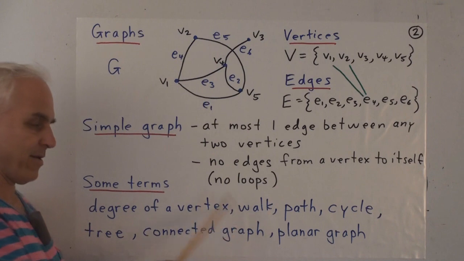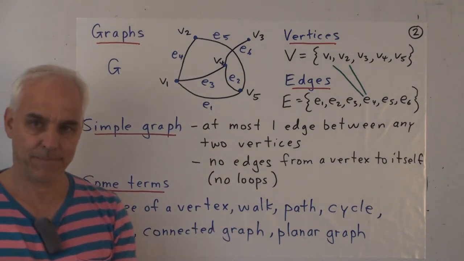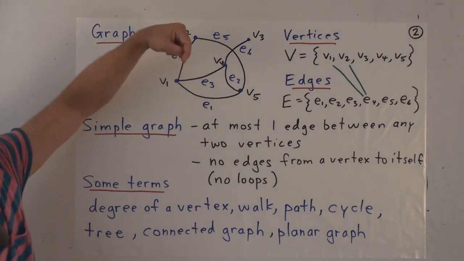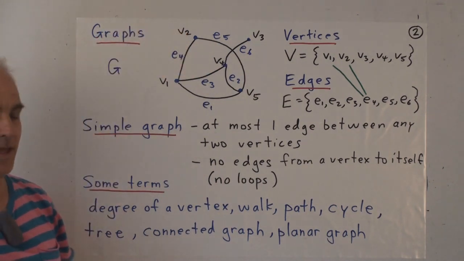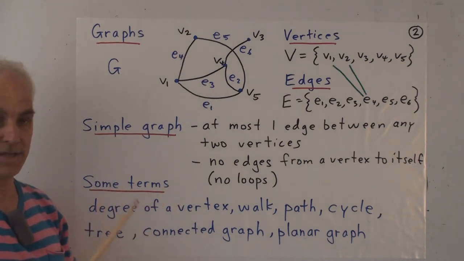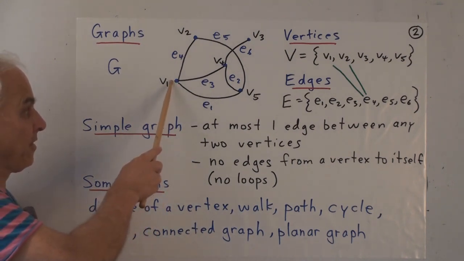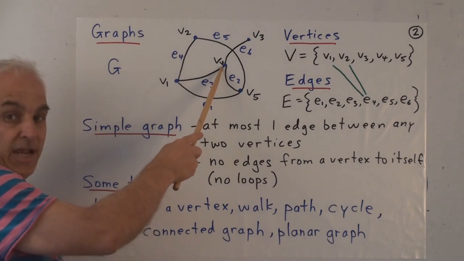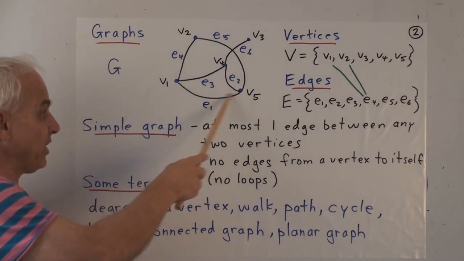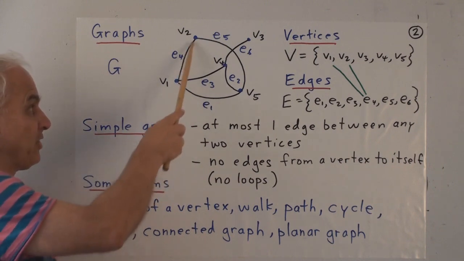All right, what is a walk on a graph? Well, if you think of these things as perhaps cities, and these are roads, then a walk is a sequence: one city, one edge to a next city, another edge to a next city, another edge to a next city, another edge to the next city.